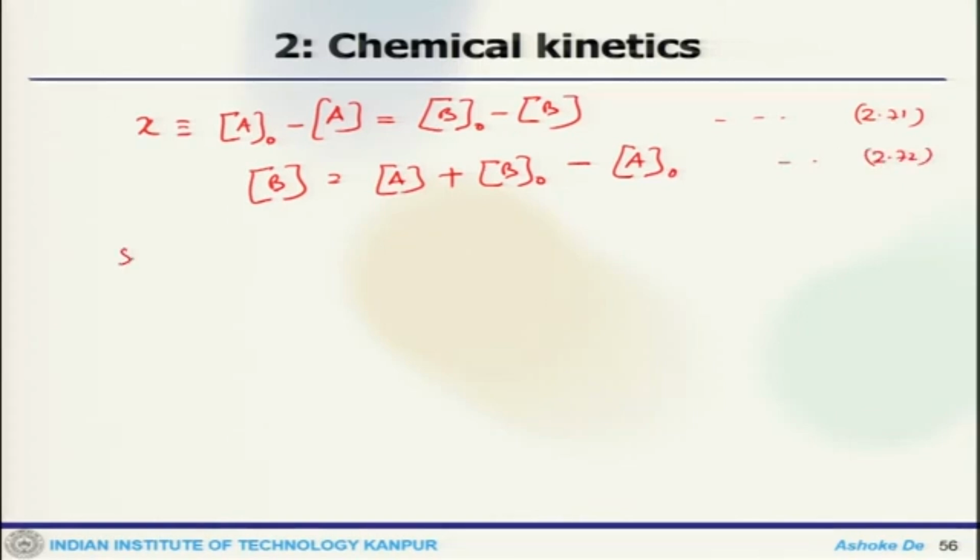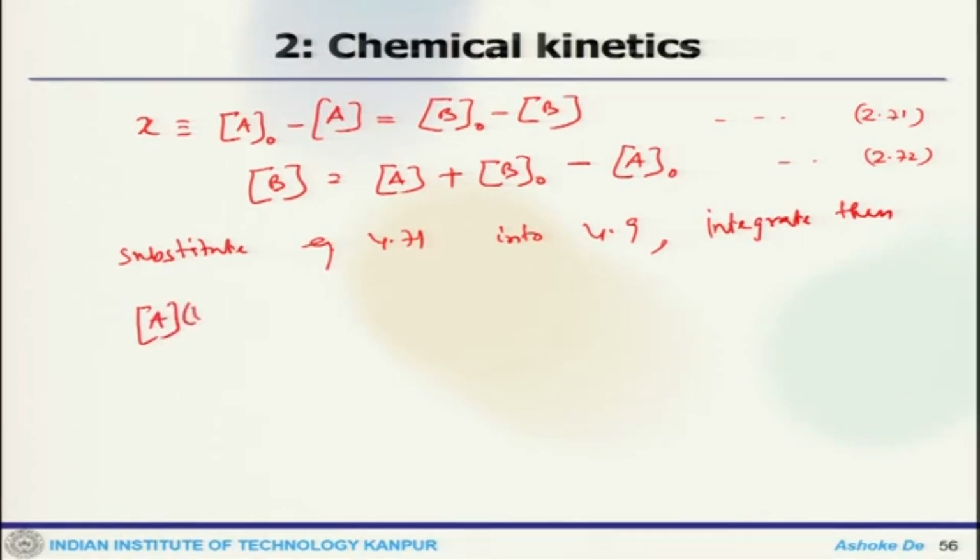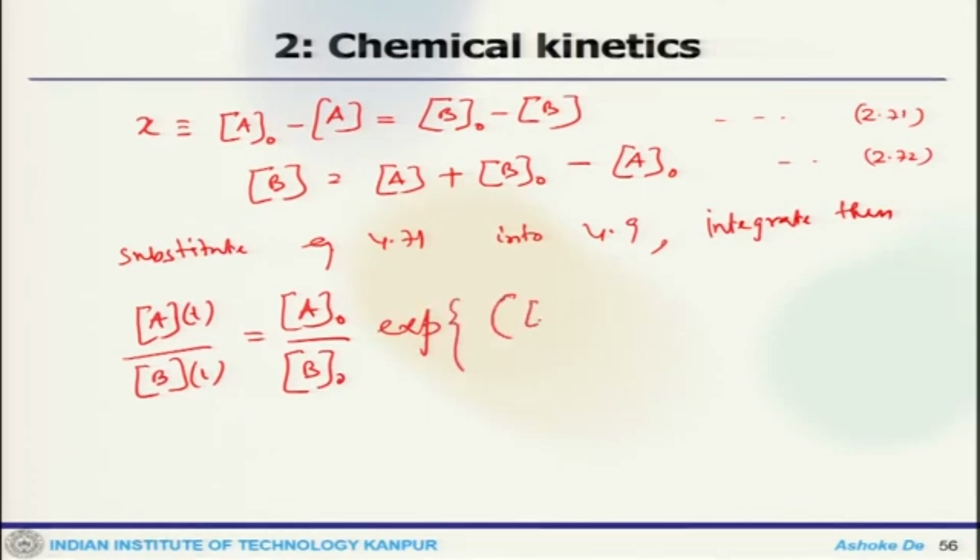Now we substitute equation 2.71 into 2.9 and integrate, then we get the concentration of A at time t and B at time t equal to A naught by B naught exponential (A naught minus B naught) K bimolecular t.